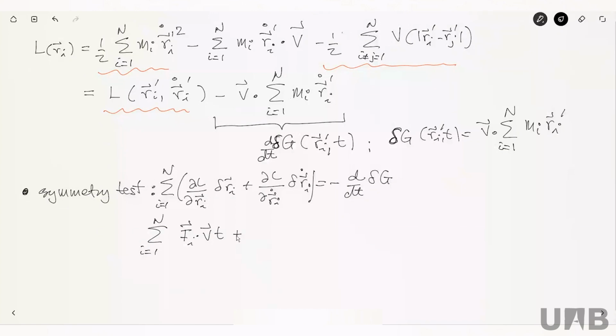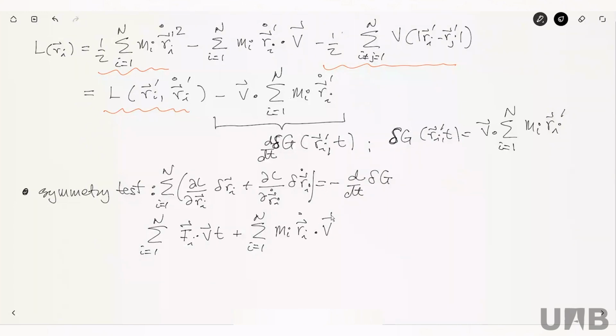Plus the second term is the sum from i equals 1 up to n. I'm computing now this one. Derivative of L with respect to r dot i. That's mi r dot i. Okay? So the linear momentum, times delta r dot. Delta r dot was the common velocity, v.